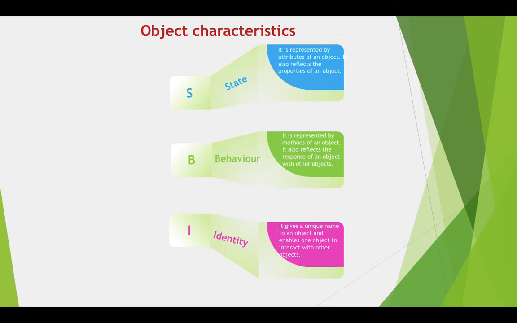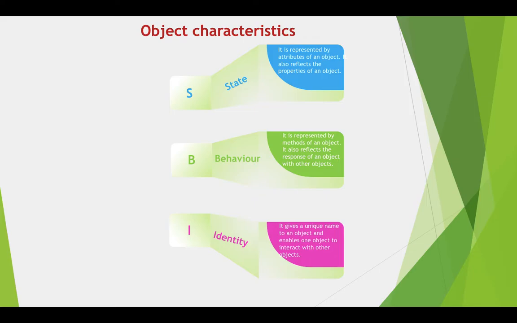Next, I is the identity. It gives a unique name to an object and enables one object to interact with other objects. So these are the SBI: state, behavior, and identity of an object. These are the characteristics.